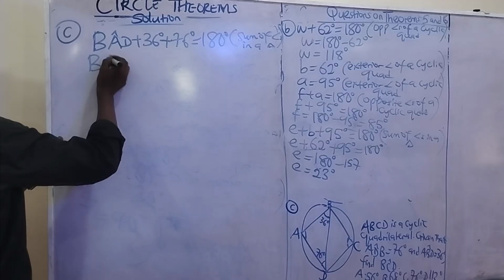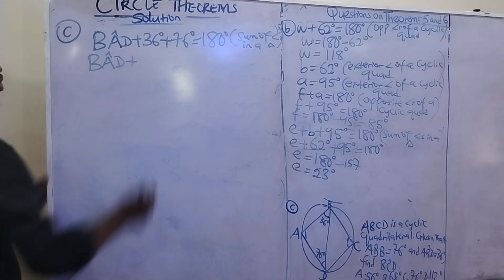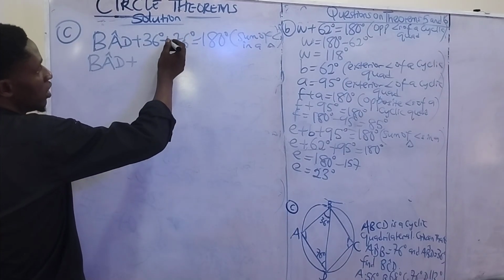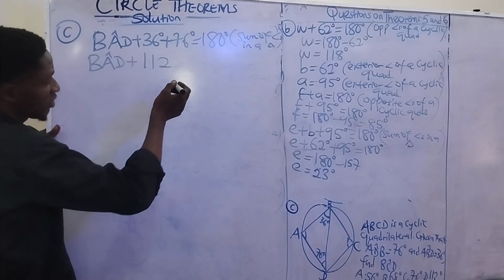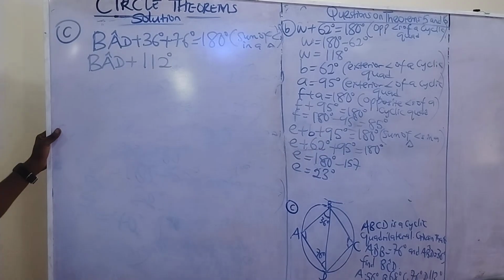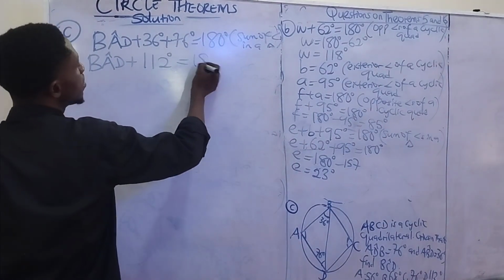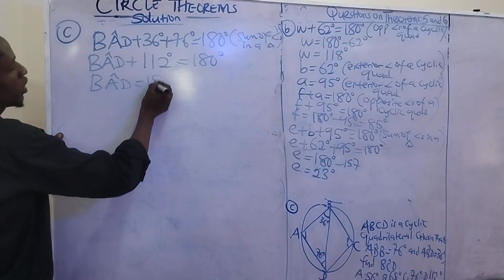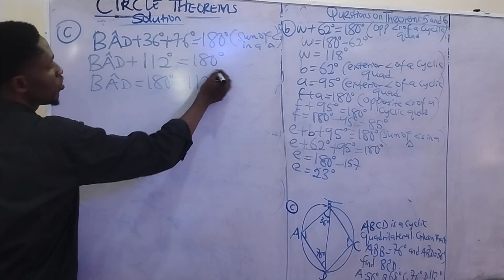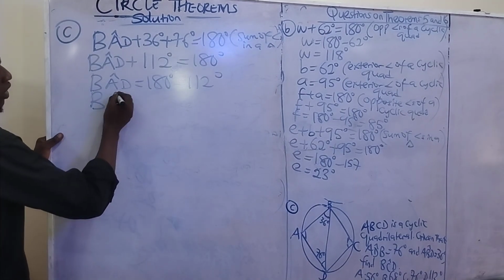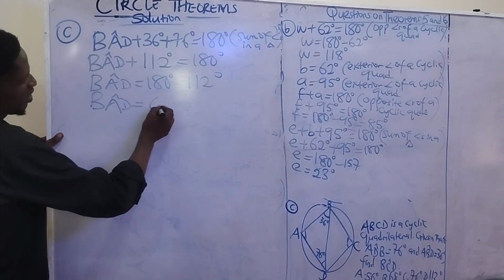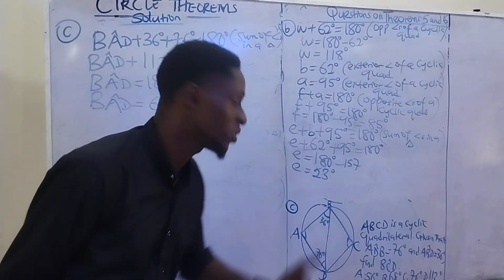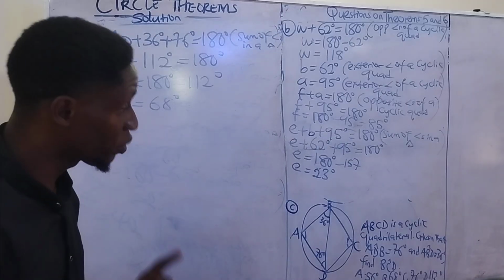So BAD plus 6 plus 6 is 12, 2 and carry 1, that is 112 degrees. Then it is equal to 180 degrees. So we have to collect like terms. 180 minus 112 degrees will give us what? 68 degrees. So you can see 68 is there, but it's not the answer. Can you see that? So be careful.